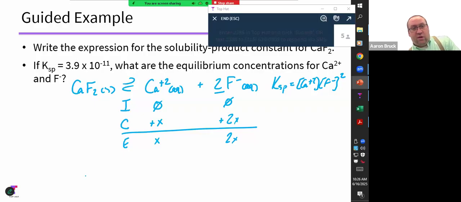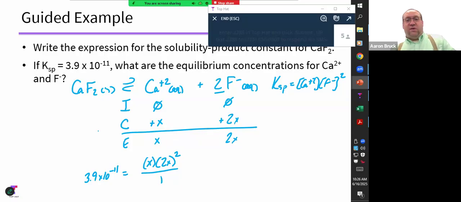So 3.9 times 10 to the negative 11th is equal to X for calcium and 2X for fluoride, and the fluoride is squared. And this is all over 1 because there's nothing on the reactant side of the equilibrium. Again, here's where a common mistake can be made.